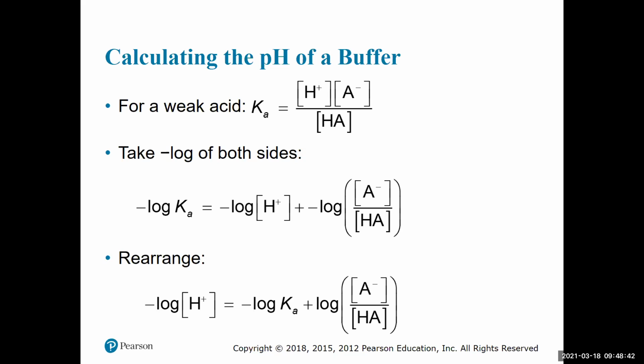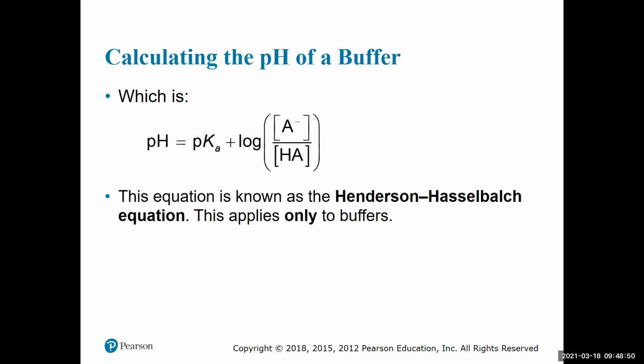Well, pKa's, we can look those up in tables. So this is why this gets rearranged to this form: pH equals pKa plus log of the anion concentration divided by the acid concentration. This is a real famous relationship known as the Henderson-Hasselbalch equation.